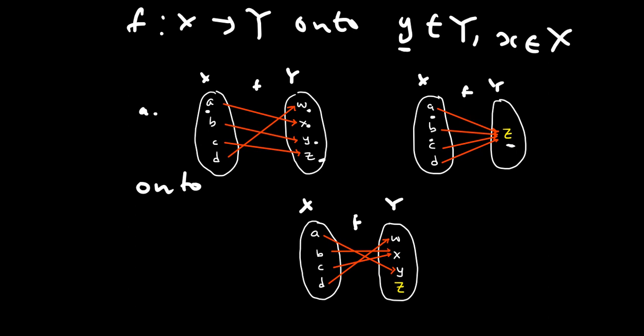They are corresponding elements. So this is also onto. Now for the last one, it is not onto, because here this z has no corresponding x in X. So this is not onto.